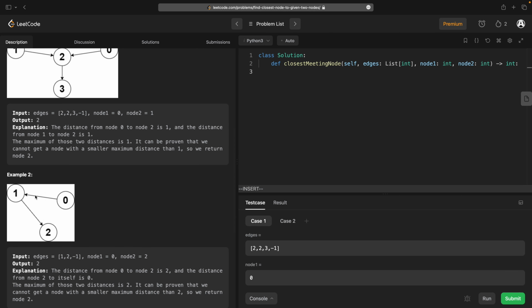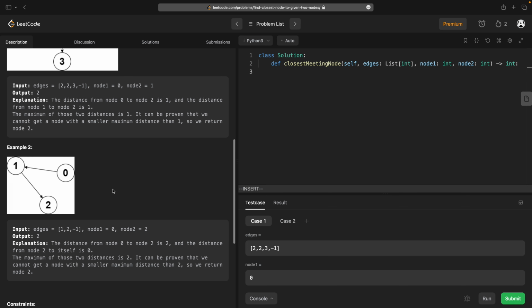Here we can go 0, 1, 2, and 2. The first place that those two meet is 2. There's no other examples.